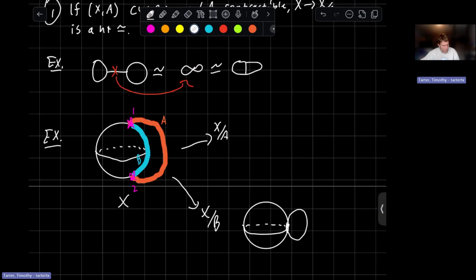I'm a little confused why. Hold on. So X can be given a CW complex structure with the two endpoints as 0 cells. Since A and B are contractible, the space X mod A is the quotient S squared mod the 0 sphere with 2 points.